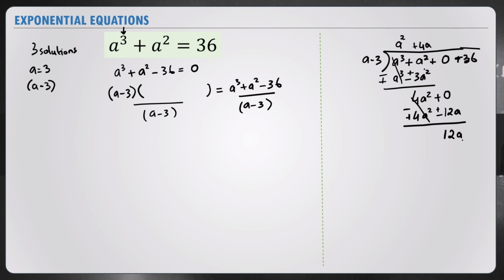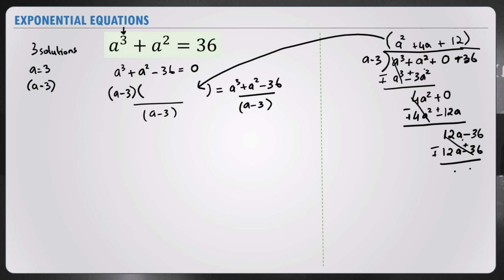Then plus 12, 12a minus 12 times 3 is 36. Subtract, and this cancels out. There's no remainder. And so this is the equation that goes in here.